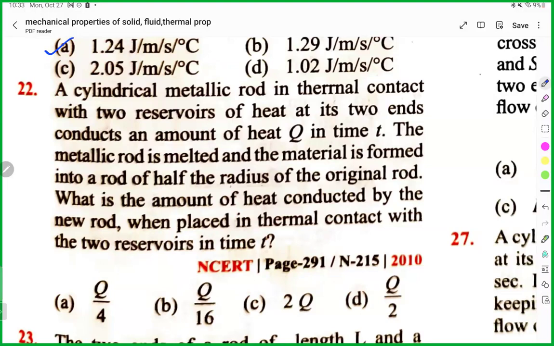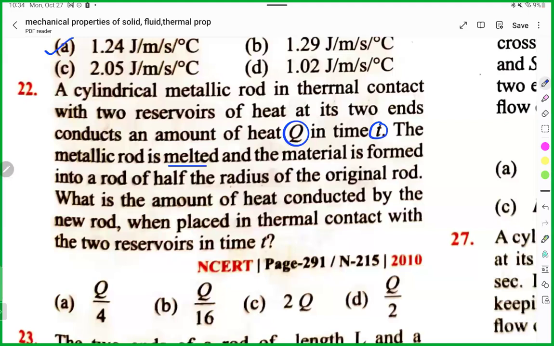A cylindrical metallic rod is in thermal contact with two reservoirs of heat at the two ends. Amount of heat Q value is given, time value is given. Metallic rod is melted.